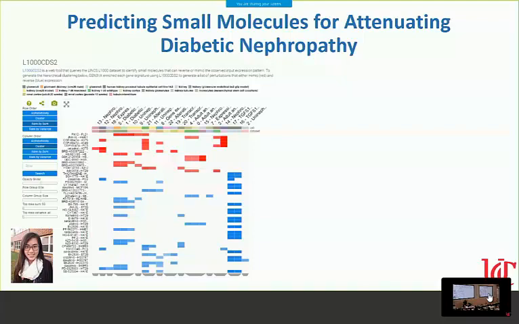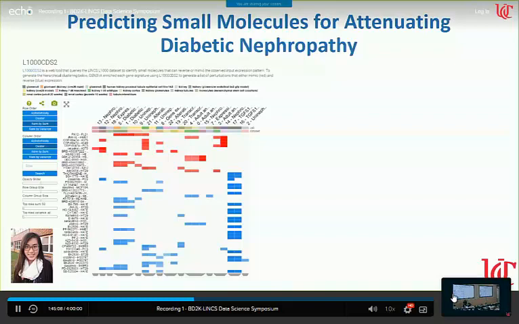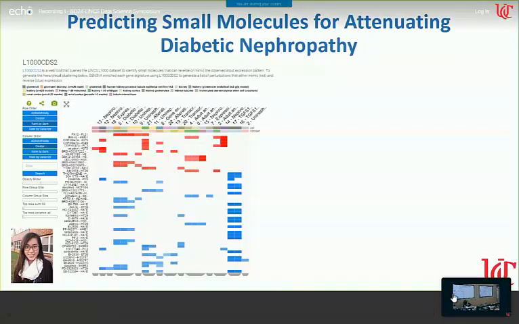Last summer we had a really great collection of summer students, and one of them was a high school student. And her project was a really simple project. She went to GEO and identified studies where you compare normal and diseased kidneys from diabetic nephropathy.